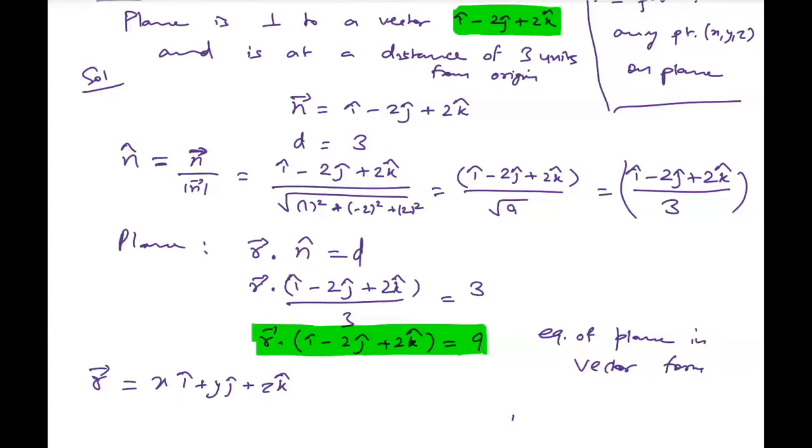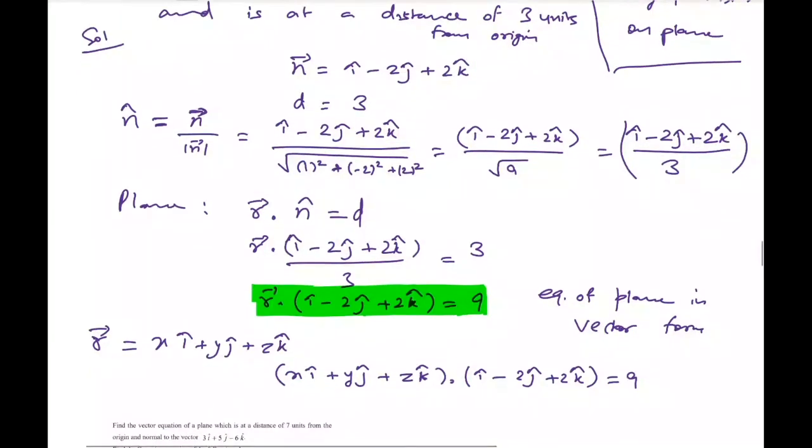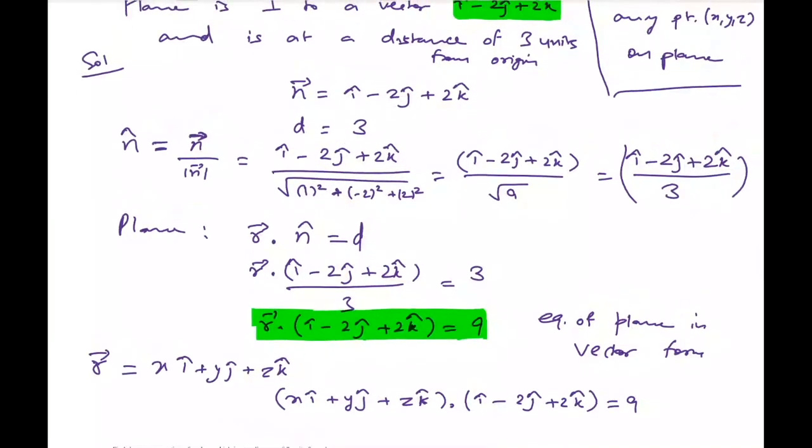So we are replacing r vector by xi cap plus yj cap plus zk cap, dot i cap minus 2j cap plus 2k cap equals to 9. Now we all know how to find this dot product.